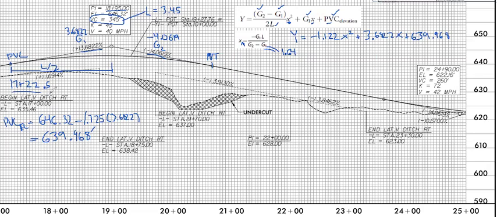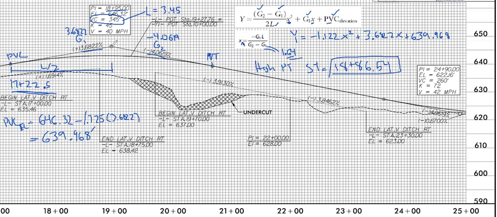The PVC station, remember, was 17 plus 22.5. We're going to add those together. And so for the high point, the station is going to be 18 plus 86.54. So this is one of the answers that we're asked to solve for.